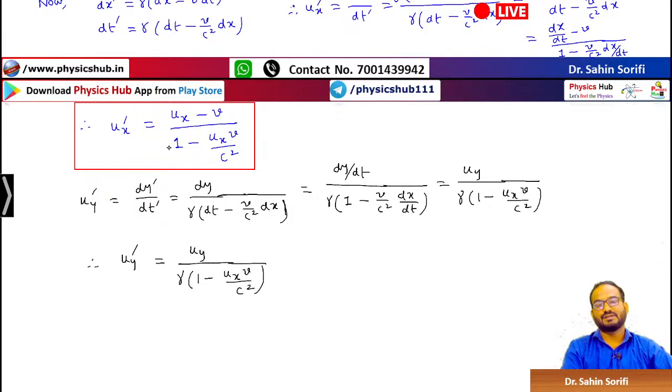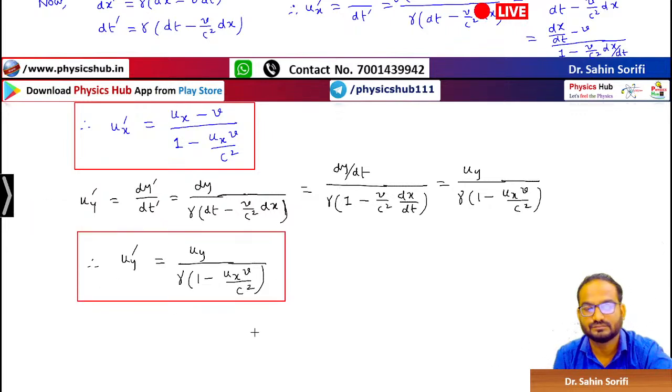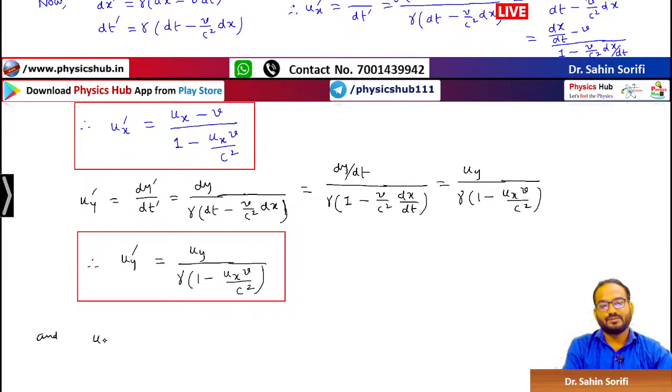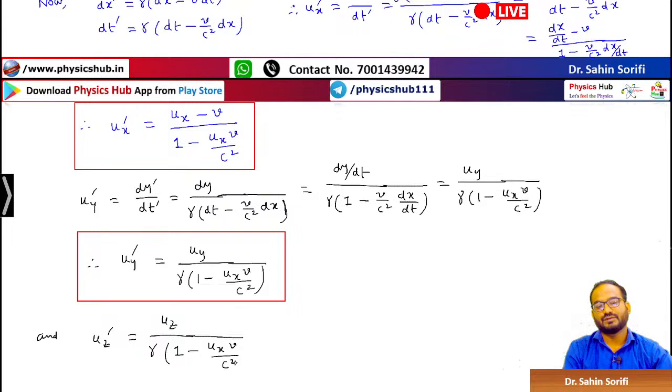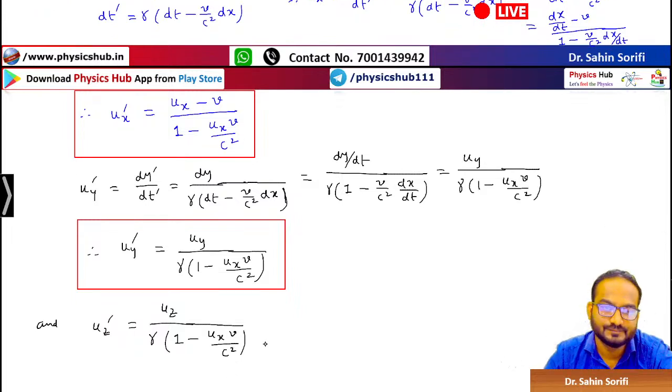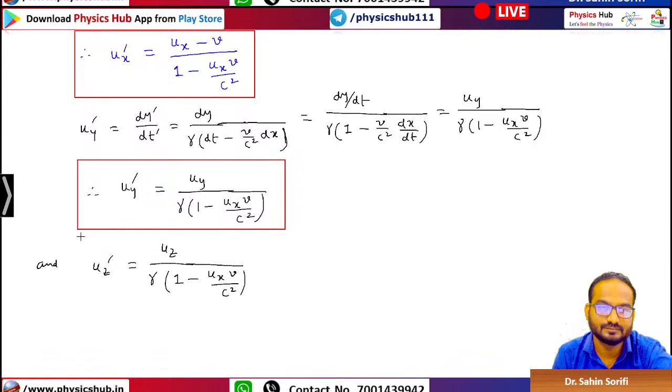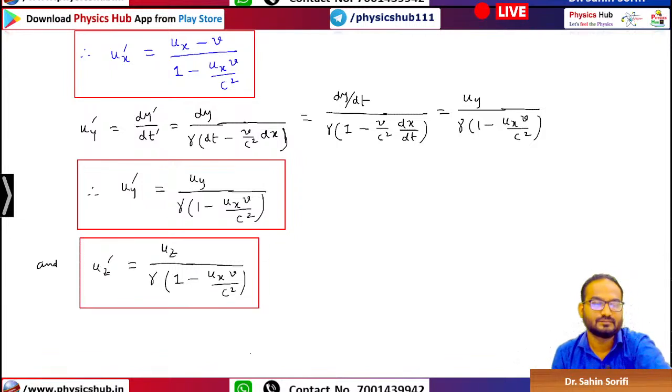So you notice that this thing and this thing are the same. Similarly, if you calculate uz prime, since uy and uz vary in the same manner, it will be uz divided by gamma times 1 minus ux into v upon c square. So these three formulas are known as the Lorentz transformation for velocity.